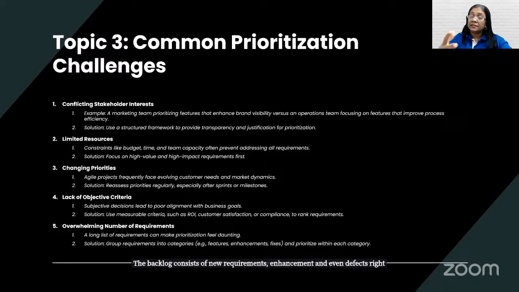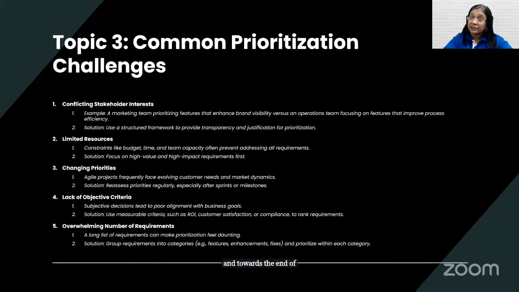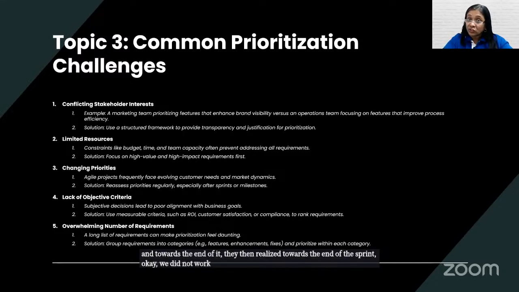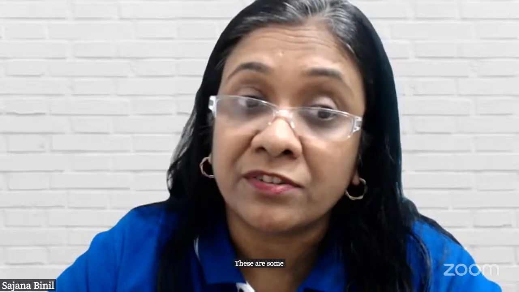So many times teams, because they don't do this categorization, end up working only on defects. And towards the end of the sprint, they realize, okay, we did not work on a single new feature. So remember this. These are some of the common challenges you might face in your project.